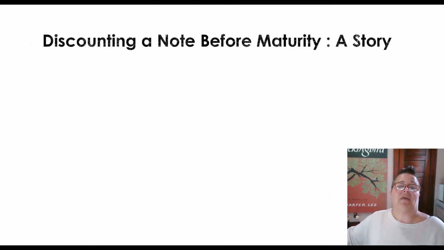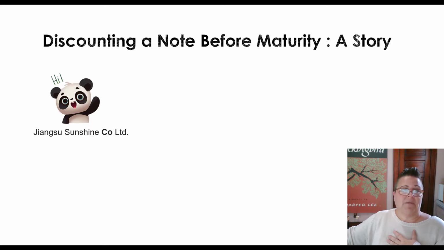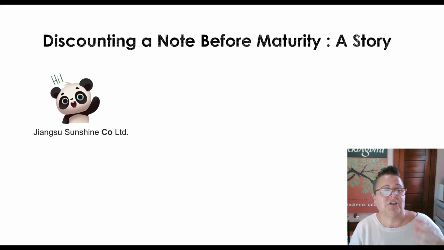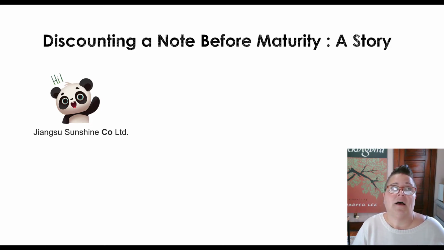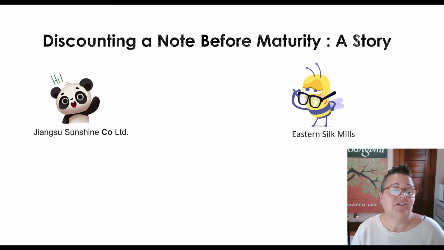So to begin with, I'm going to start with a story. We have in this story the first person, the business corporation, Jiangsu Sunshine Company Limited. They are a manufacturer of clothing items. They work specifically in U.S. and China markets, and they have asked Eastern Silk Mills, who is their provider. Eastern Silk Mills does just that, makes silk cloth fabric.